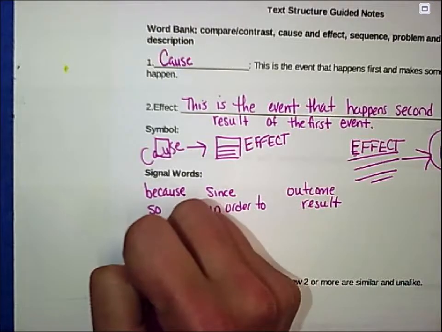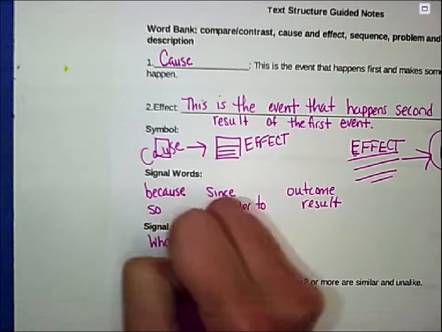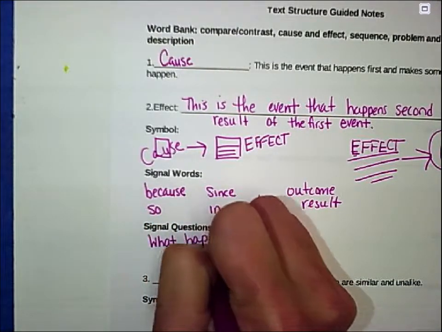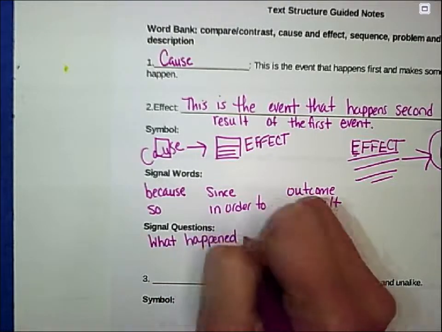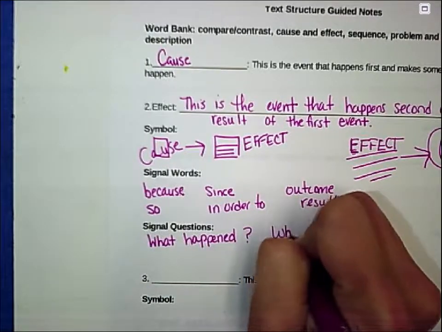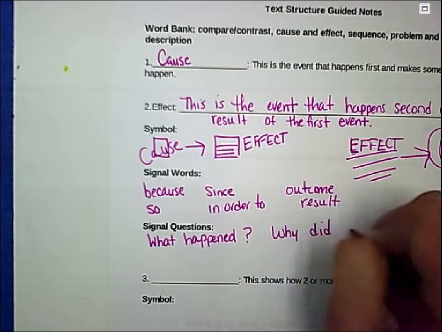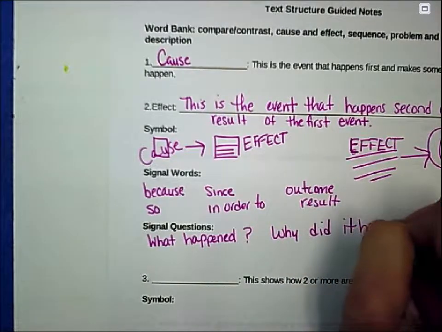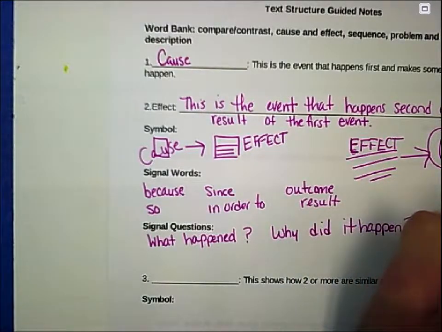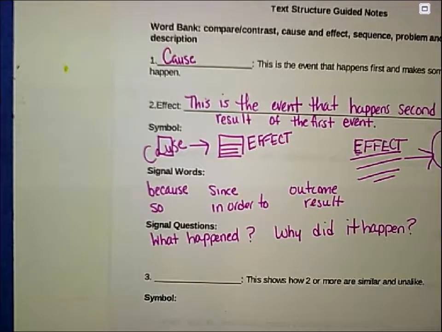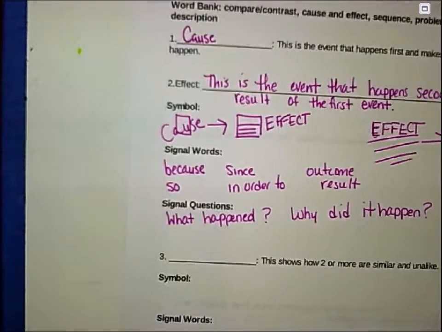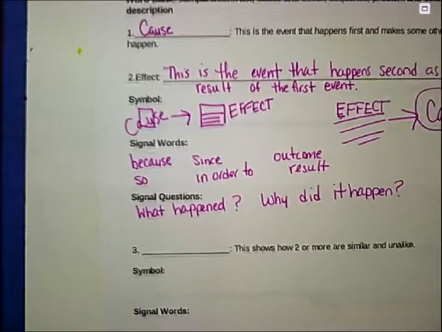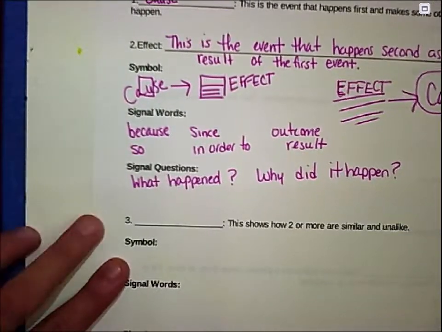And some signal questions could be, what happened? Or why did it happen? So if you need to pause, go ahead, rewind, go back so that you get all of your answers. All right, we're going to go on to number 3 now, if everybody's ready.